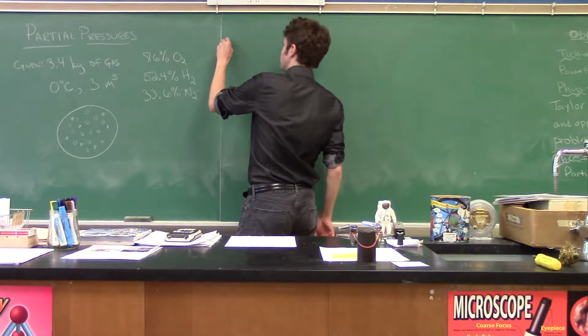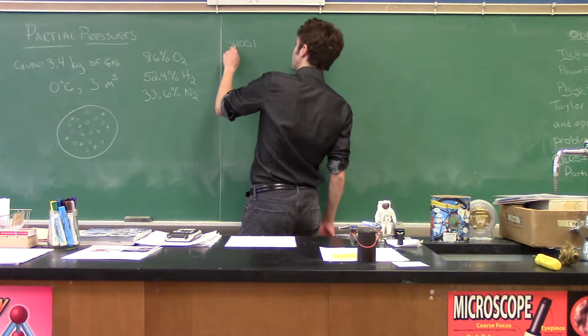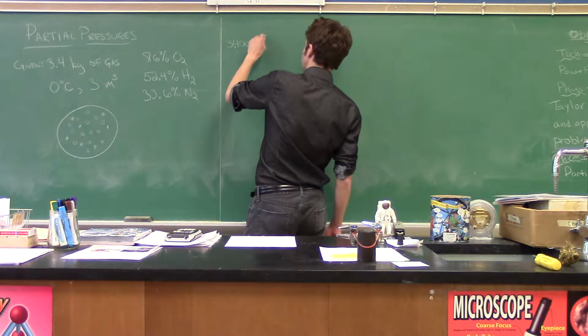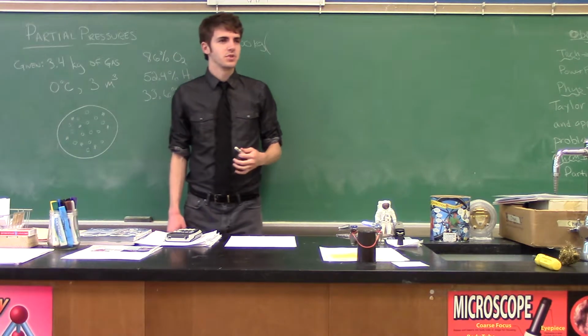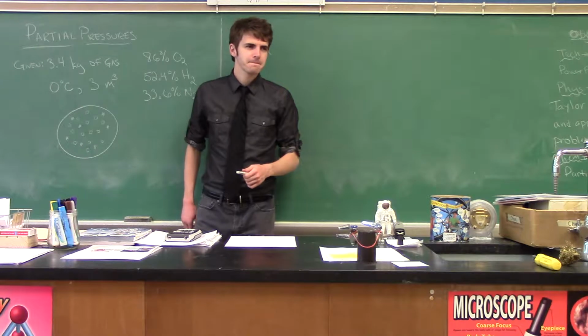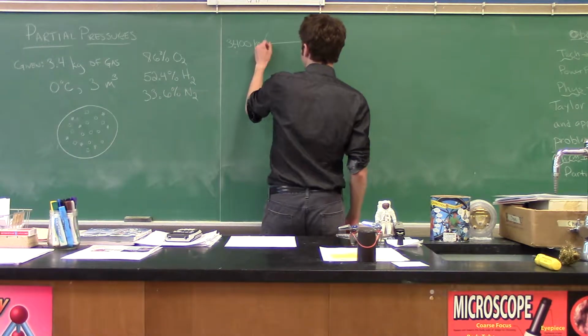All right. So let's take our first step to be the conversion of 3.4 kilograms into grams. So how do I do that? What's the conversion factor that I must use? Times 1,000. All right, yeah.